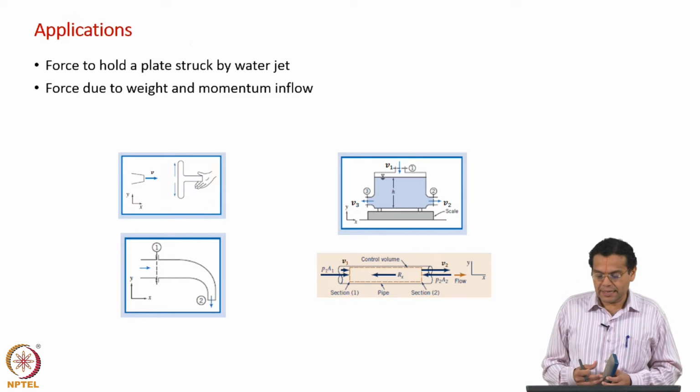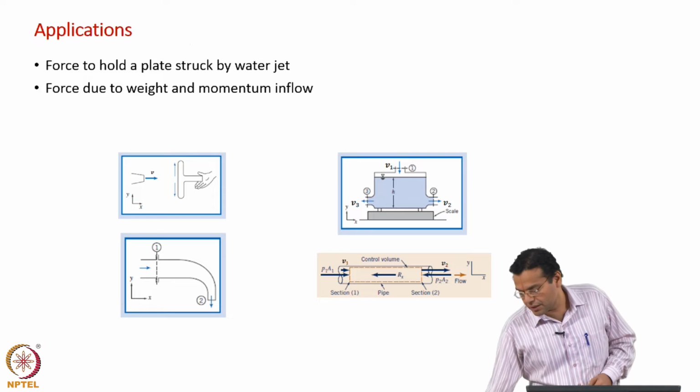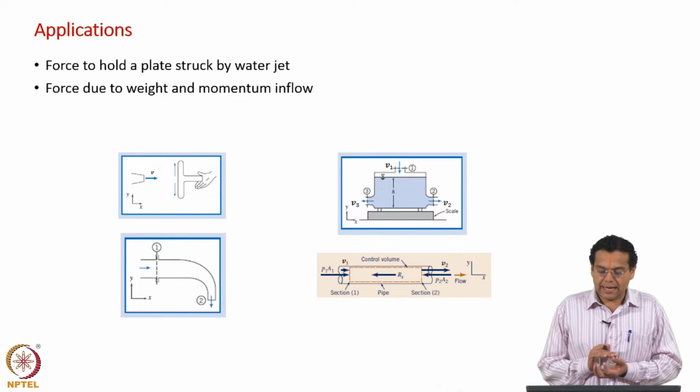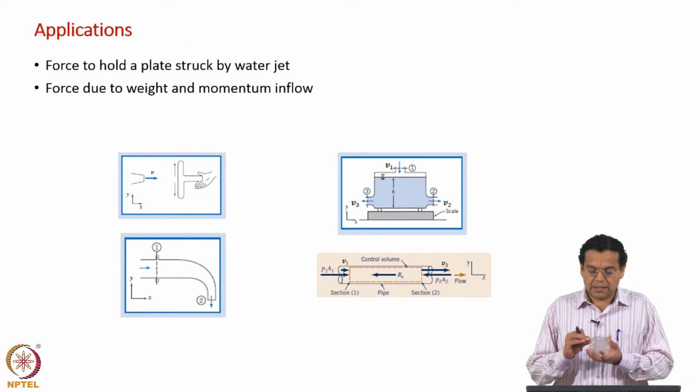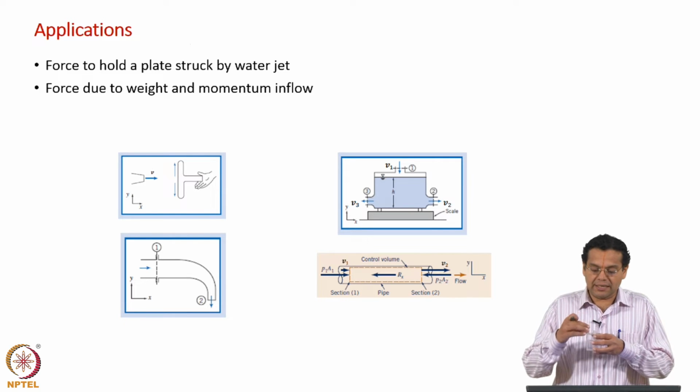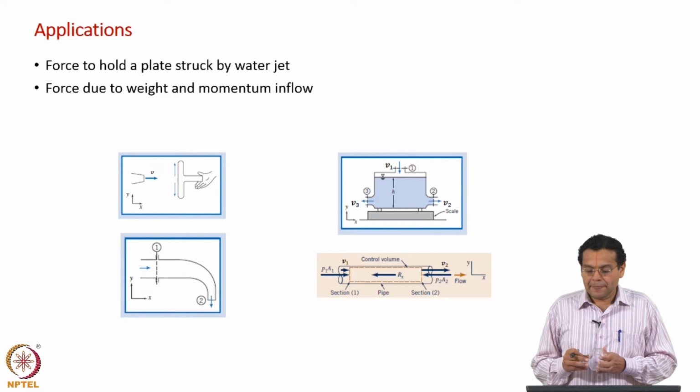Now, the second example is once again a simple and a nice example. We have a tank with water entering and then leaving, and this is on a weighing balance, and I would like to know what is the reading shown by the balance.